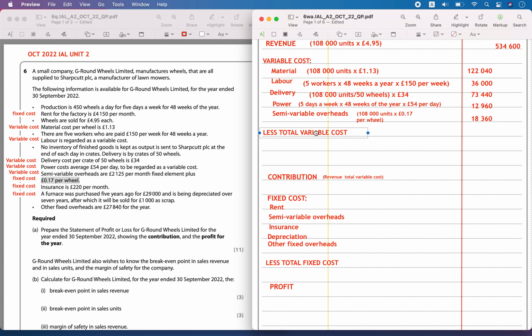Now let's add up all the total variable cost.